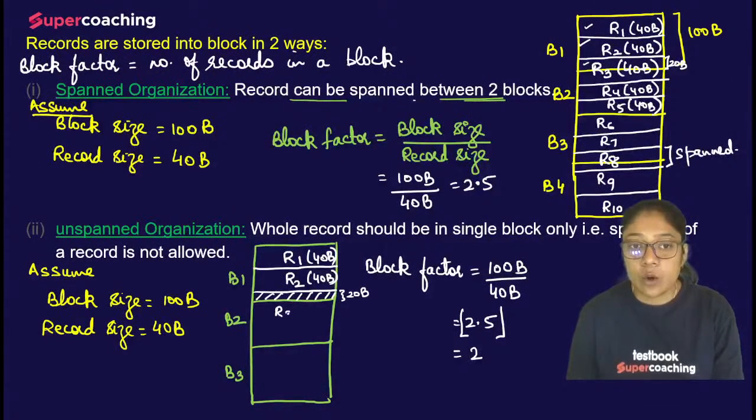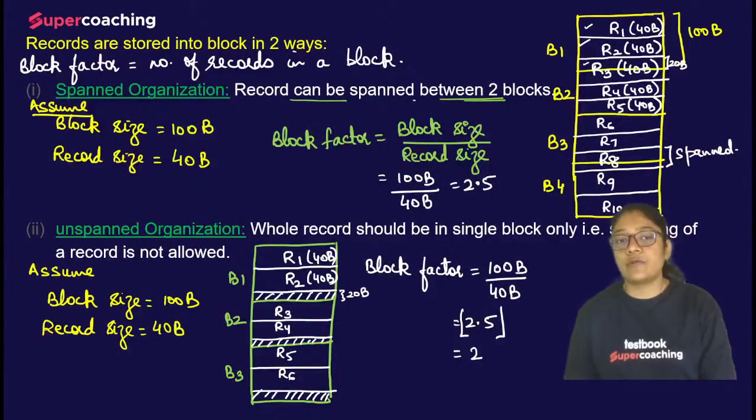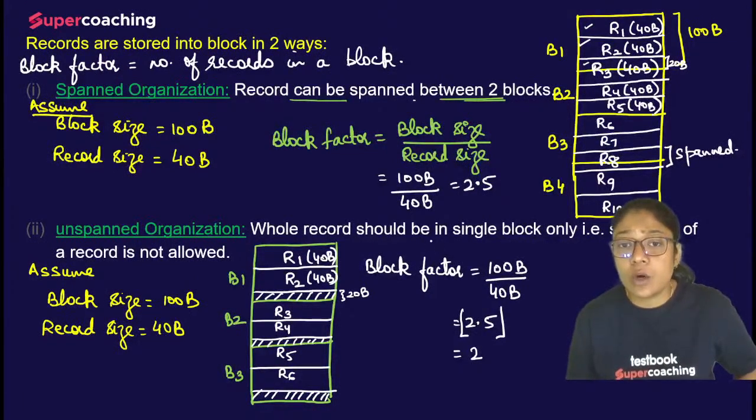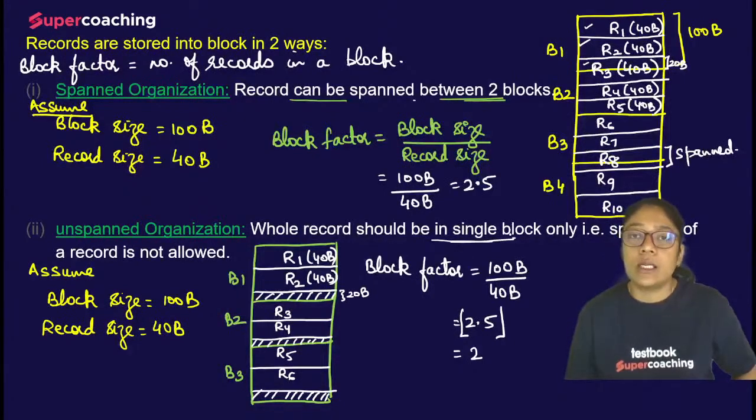Similarly, record 3, record 4, and then 20 bytes will be left out. This gets wasted. Then record 5, record 6, and then this memory gets wasted. This is the concept of unspanned organization, where the record should be in a single block only. That means we cannot divide the record.